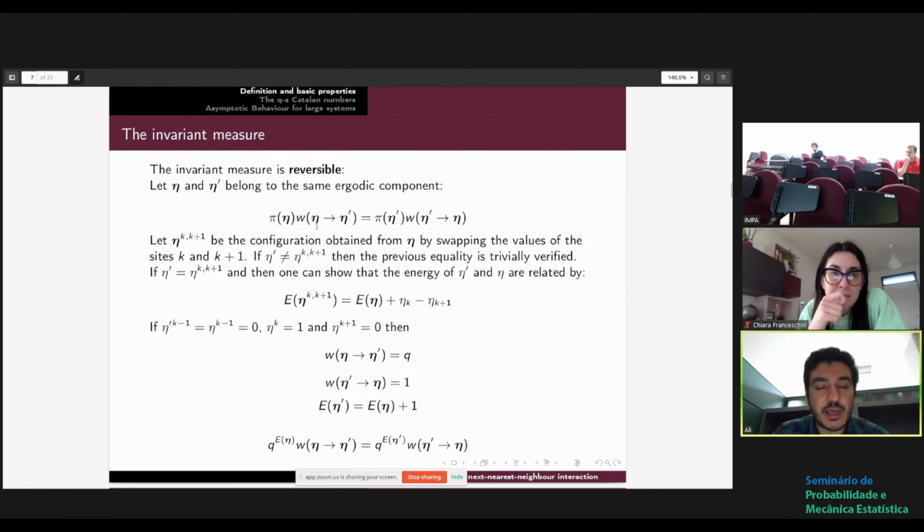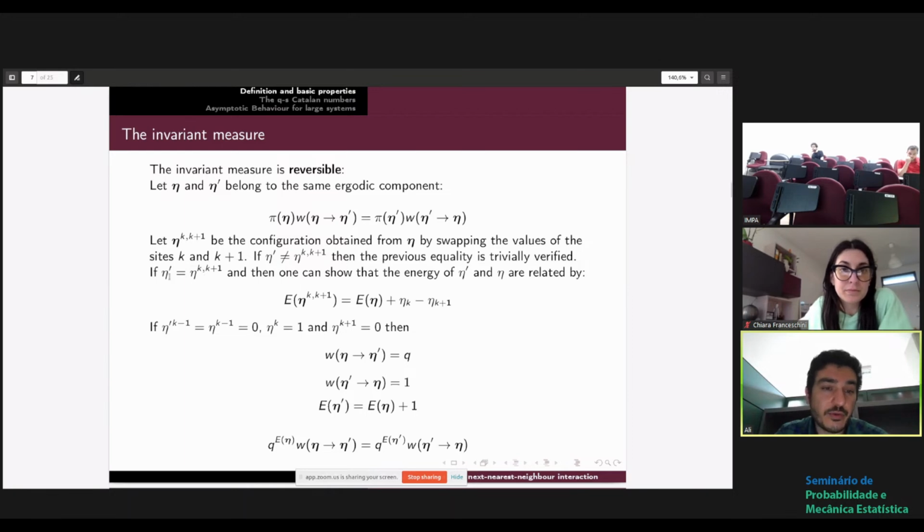First, if you take 2 configurations which are not related by any swapping, then this is trivially verified. So you have just 0 equals 0. Then we take eta prime to be a configuration that you obtain from eta by swapping 2 sides, k and k plus 1.